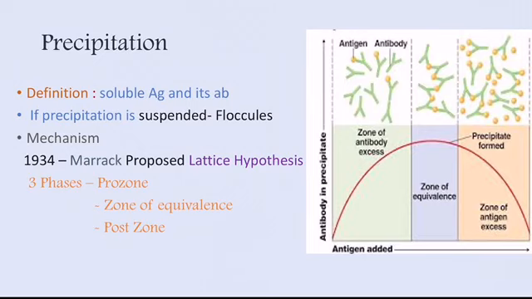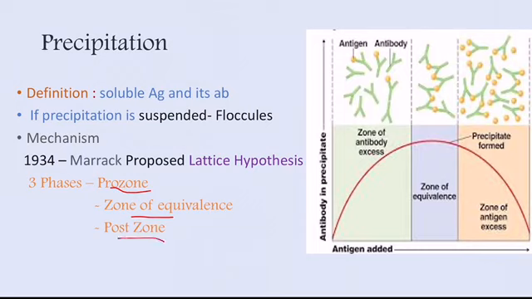The formation of this precipitate is dependent upon the formation of a lattice. The mechanism of precipitation reaction was explained by Marrack in 1934. That includes three phases, that is prozone, zone of equivalence and postzone.